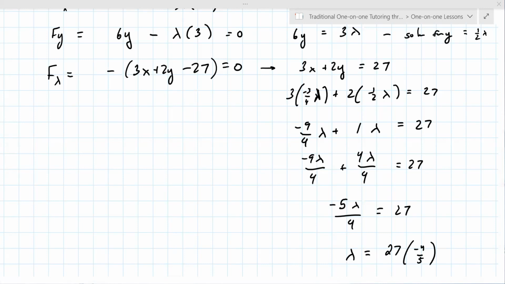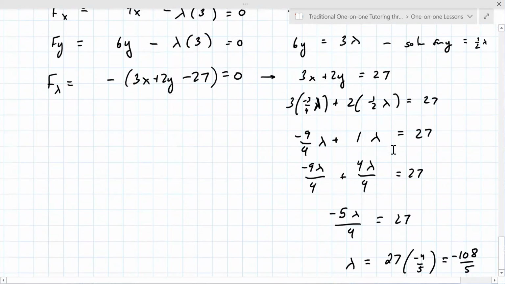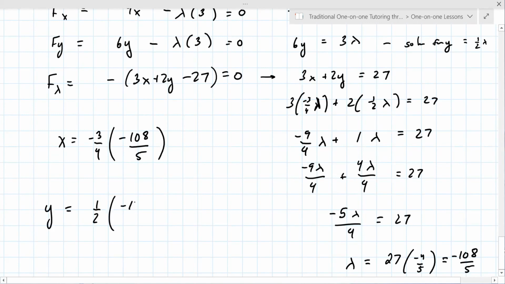Okay. So that doesn't really work out great. Makes me think maybe there's a mistake made, but I'm not sure. And then we had x equals minus 3/4 times lambda, and y was equal to 1/2 minus 108/5.